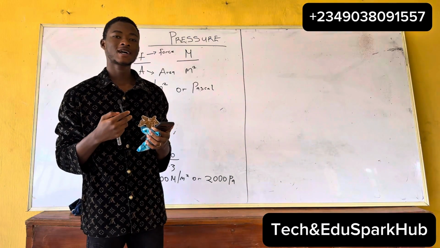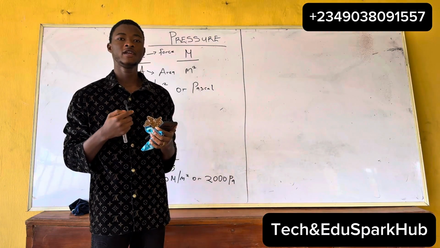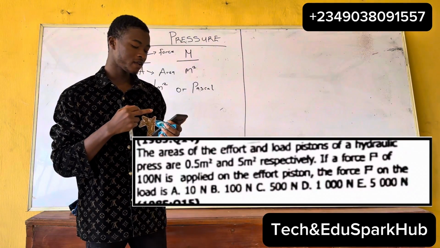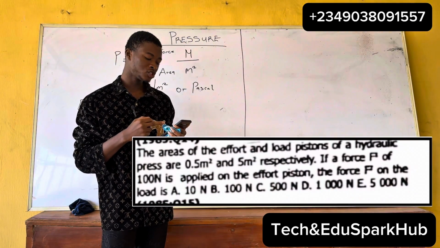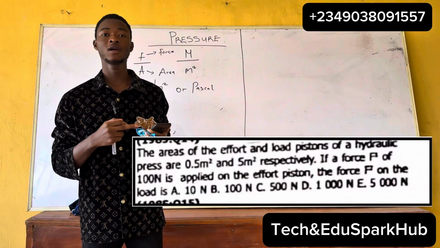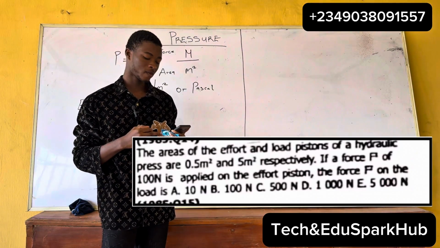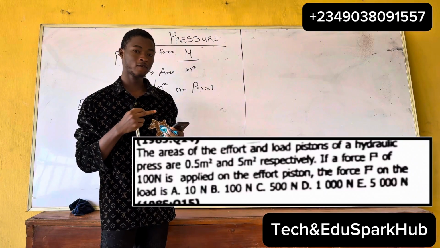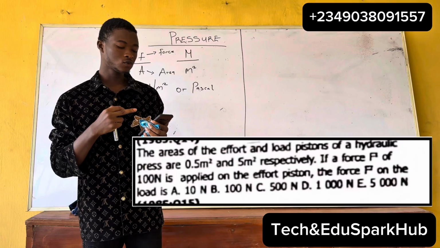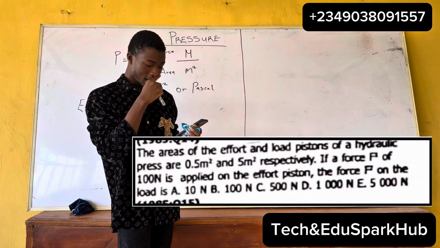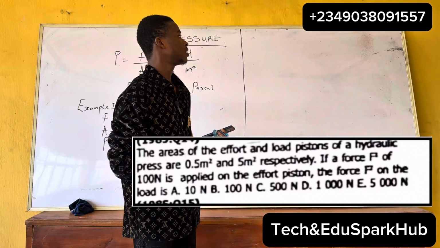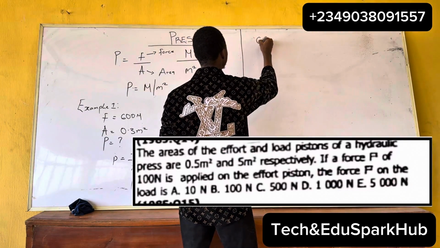Now, let's look at another example under pressure in a solid. The question as projected on the screen says the areas of the effort and load piston of a hydraulic press are 0.5 meters square and 5 meters square respectively. If a force F1 of 100 Newton is applied on the effort piston, the force F2 of the load is? In this type of question, you can see we have two areas and two forces. So let's write the given parameters.